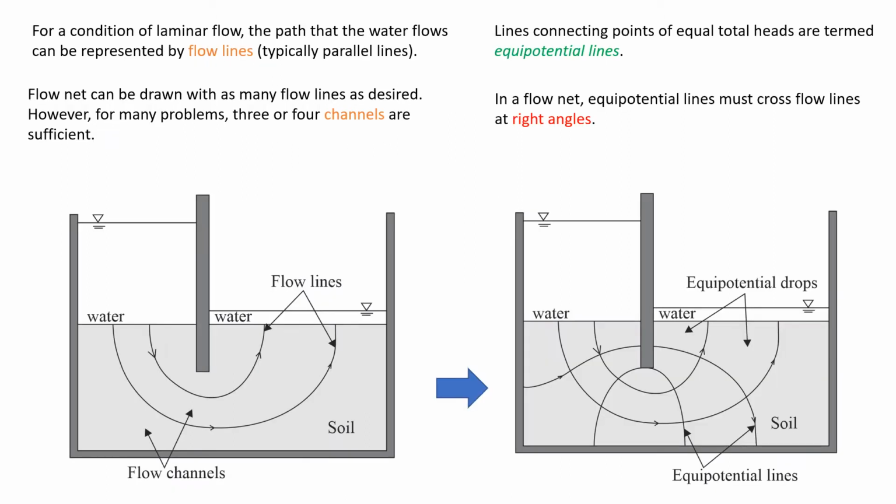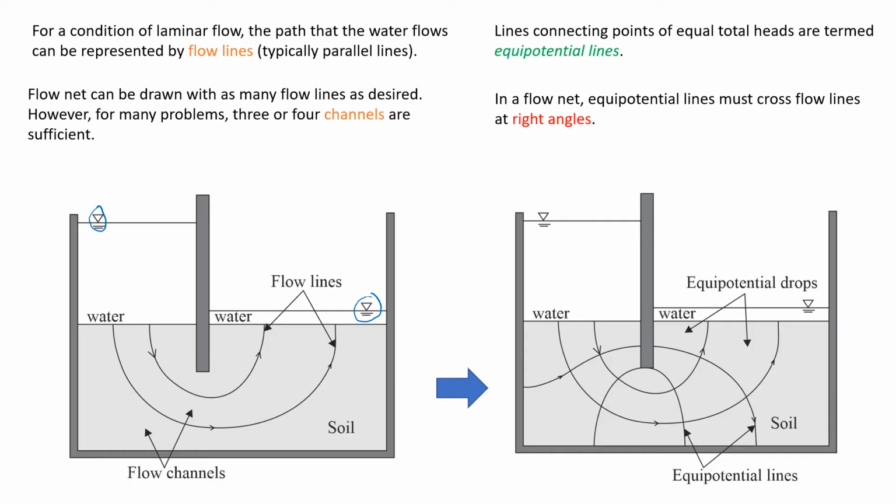We will start drawing the flow net with flow lines. Flow lines show you the direction of water flow. In this case, we should understand that water flows from the left to the right because the level is much higher on the left than on the right. There are already a few flow lines in this setup that we need to first find and recognize.